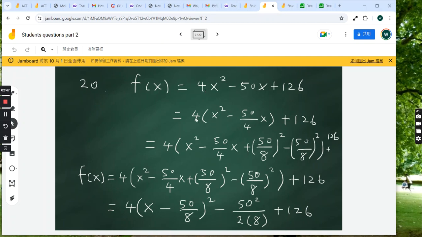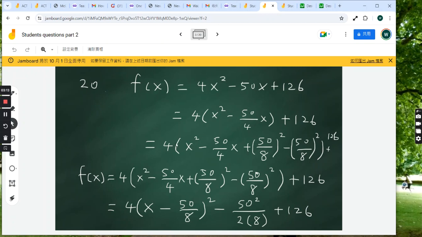So you're going to have 4 times x squared minus 50 over 4 times x, which is equivalent to these two terms, and then plus 126.